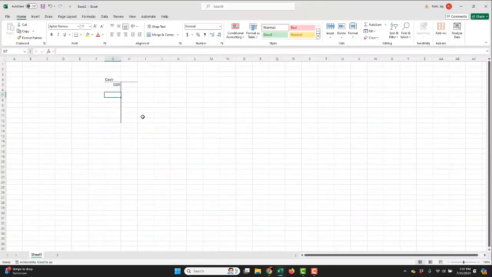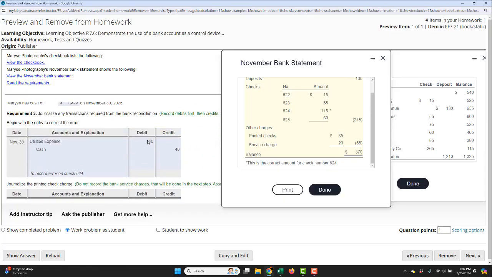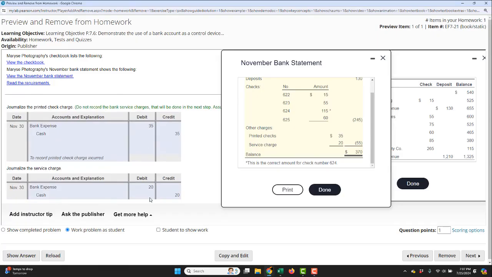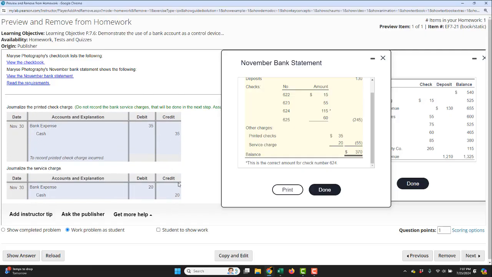Okay, so just to be clear about what we just did, we basically had this from our checkbook. This was the balance that was the unadjusted amount. And then we did some journal entries. And you can see here, basically, we have three debits, $40, $35, and $20. And then we have credits to cash of 40, 35, and 20.